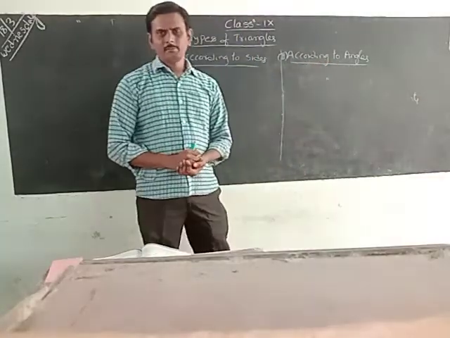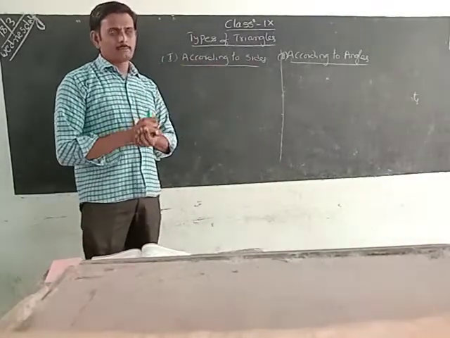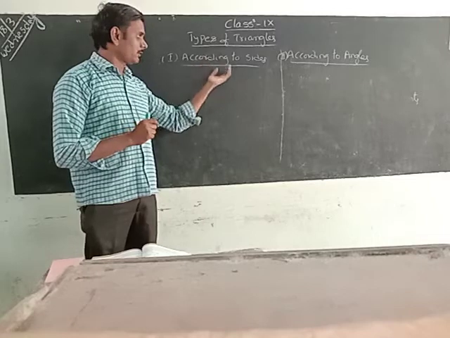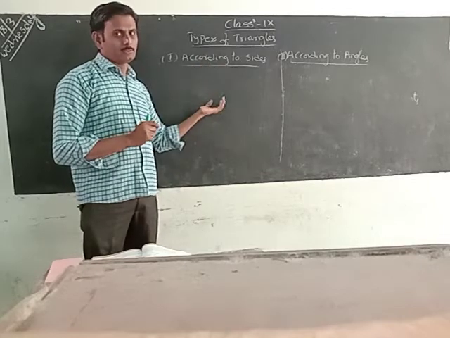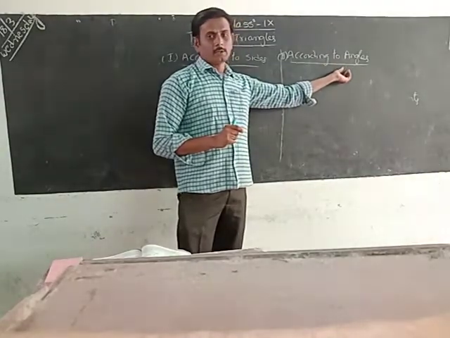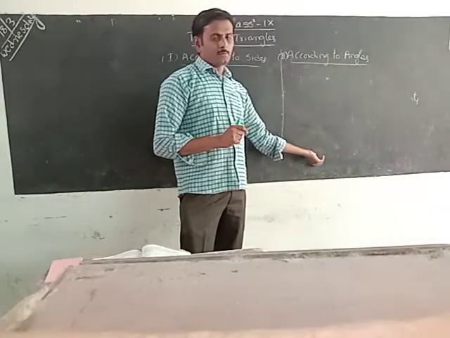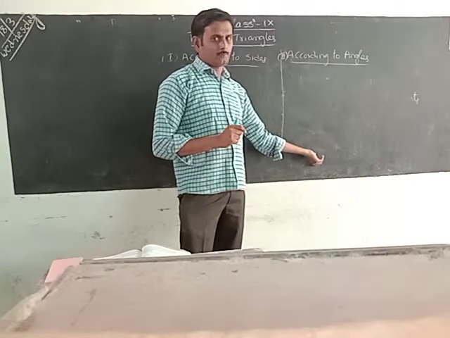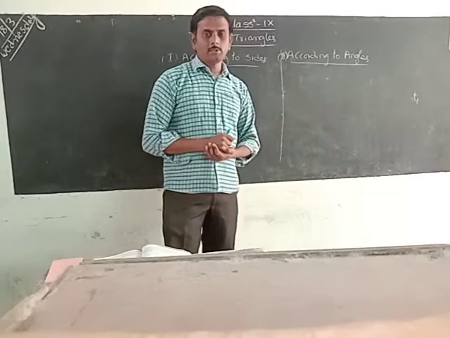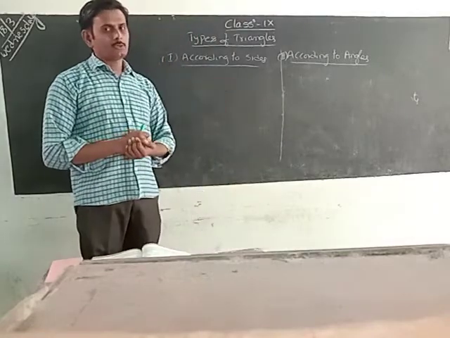That means in the first model, by considering the sides, we give the name of the triangle. On the basis of the angles, we give the name of the triangle in the second. Shall we see which are related to the first group and which to the second?